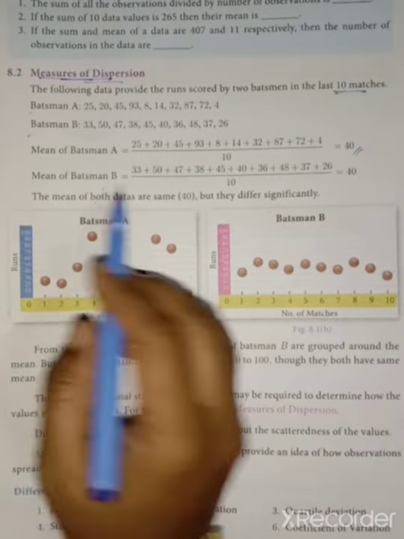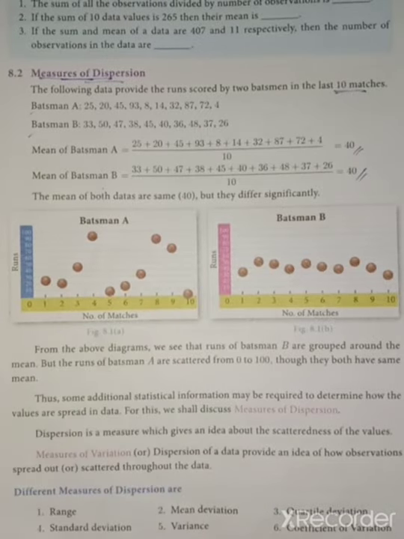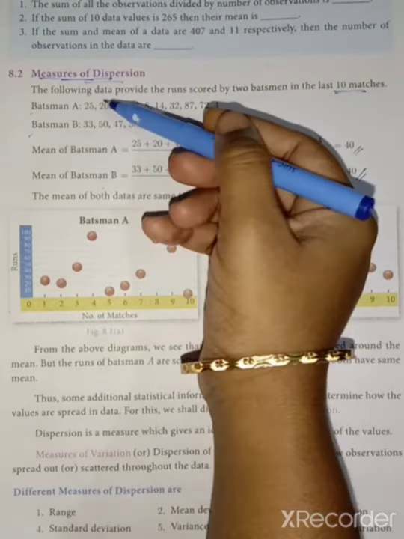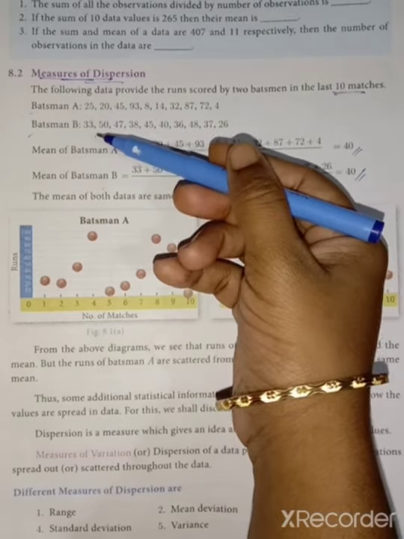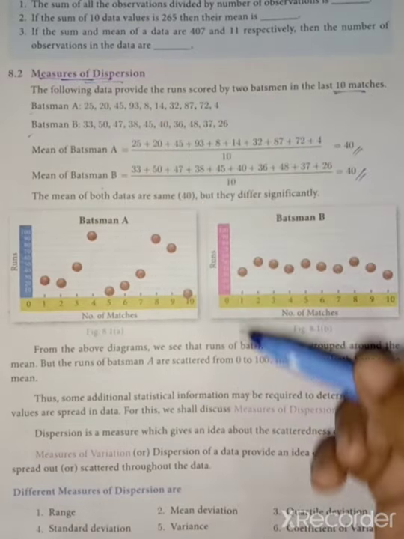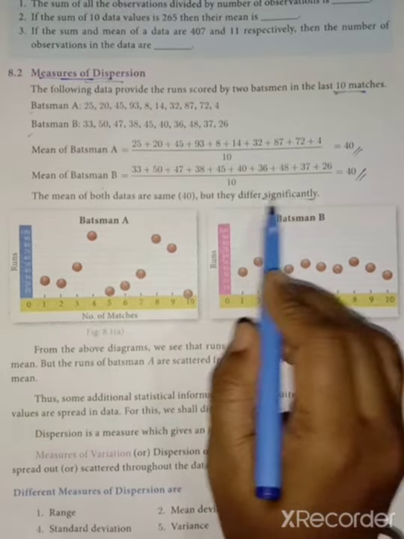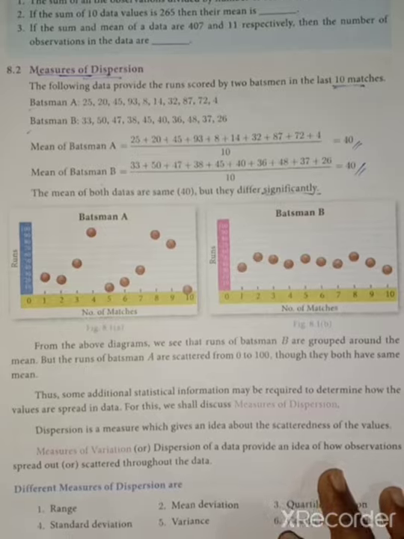For batsman B also we get the same 40. Here the means of both are the same, but they differ significantly, because in the first match A scored 25 and batsman B scored 33. Like that, if you check, all the terms are different. So they differ significantly, but the mean of both data is the same.